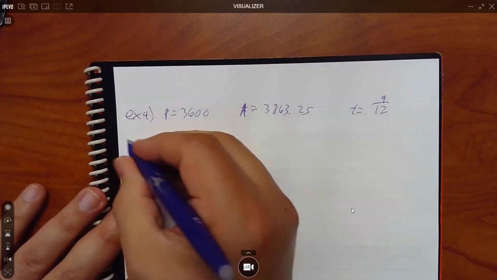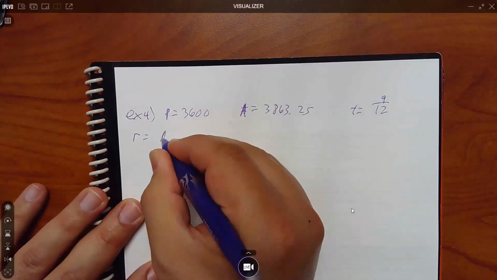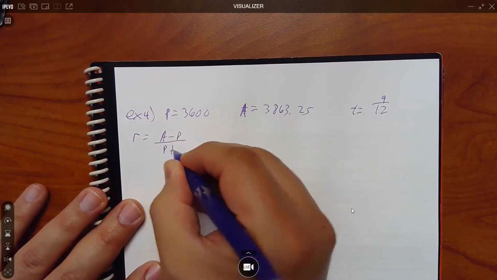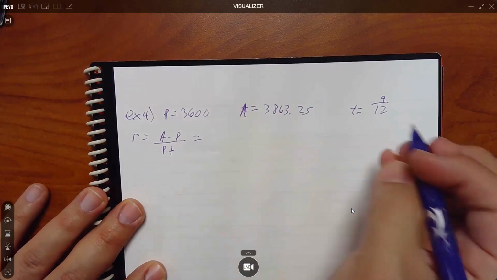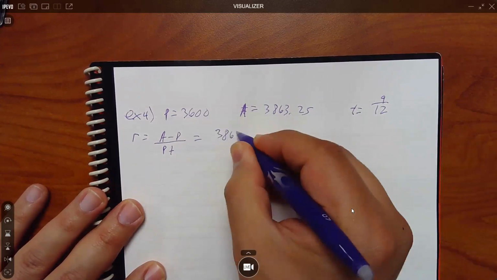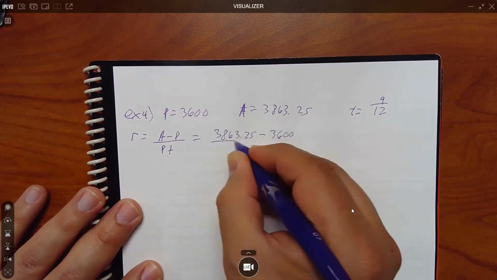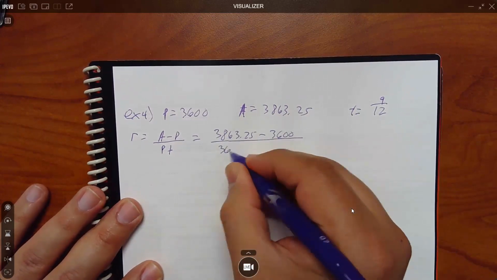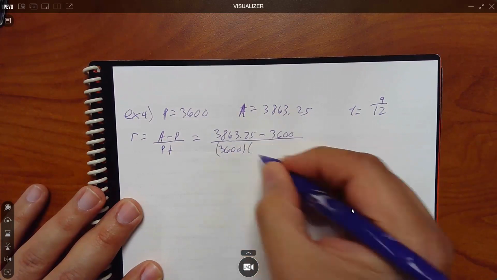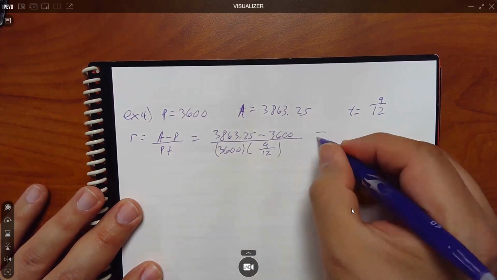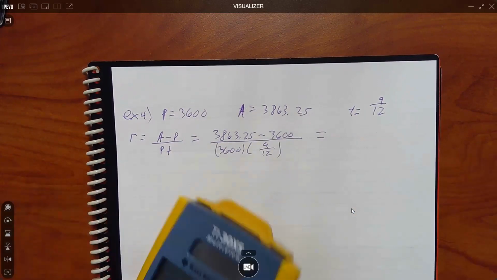So we said that rate was equal to A minus P over PT, right? So that would be 3863.25 minus 3,600 over 3,600 times 9 out of 12. That'll give me the rate.